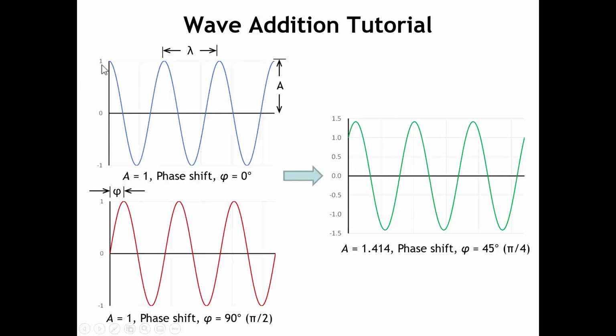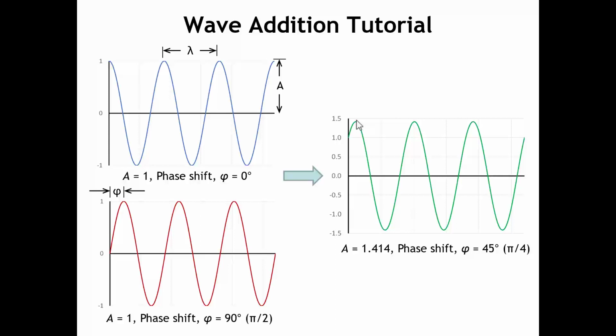You can kind of see that if you look back here. The blue wave is dropping, and the red wave is rising, and they combine to reach a maximum here at 45 degrees. So we would say this new wave, the resultant wave that comes from adding these two together, has an amplitude of 1.414, has a phase shift of 45 degrees, and the wavelength is the same as the two waves that we added together to get this wave.